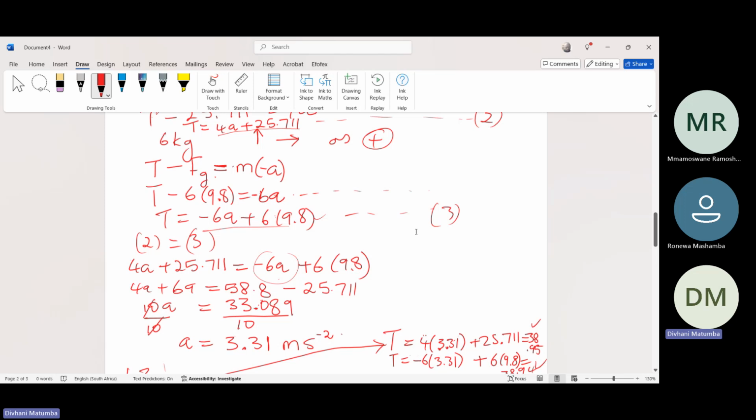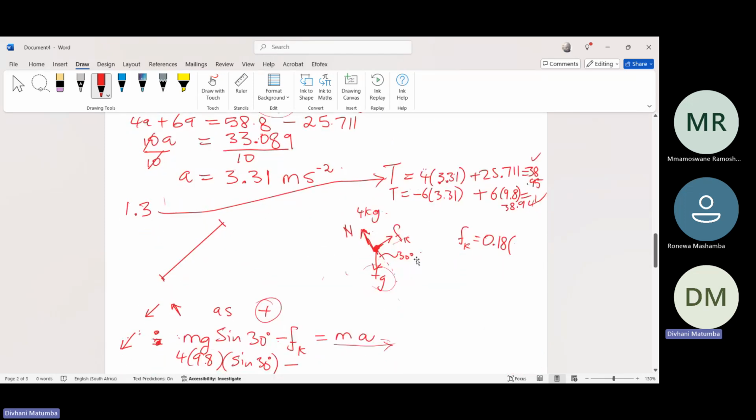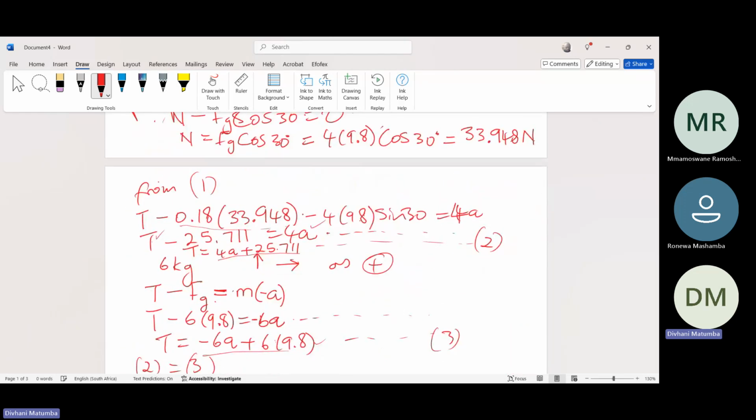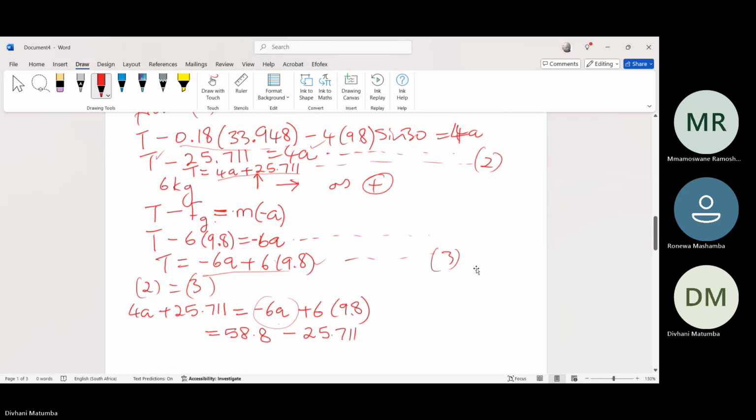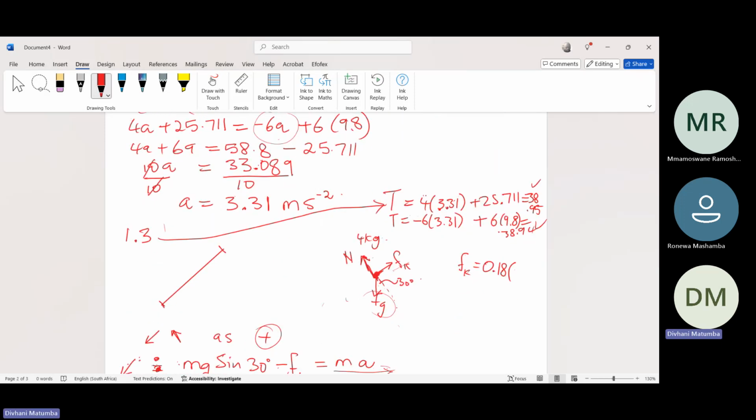It is. Okay, so basically, this is our friction. I didn't calculate it separately before, but now I want to calculate it separately, times the normal force. What was the normal force? 33.948.